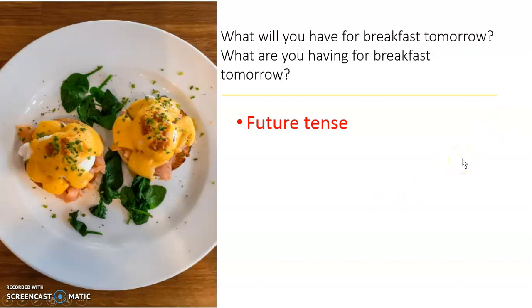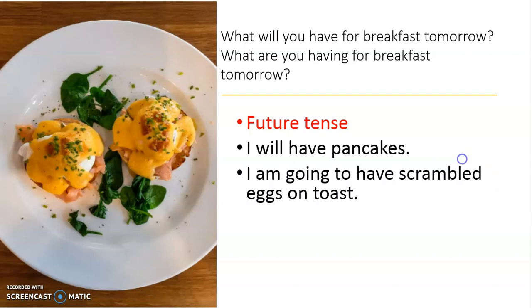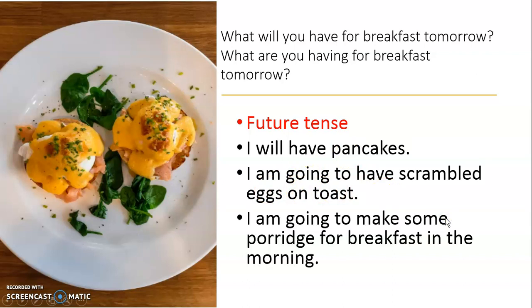This should be easy, but we can use the future I will, or we can say I am going to. We can use the present continuous form to talk about the future. So I will have pancakes, or I am going to have scrambled eggs on toast. I'm going to make some porridge for breakfast in the morning.